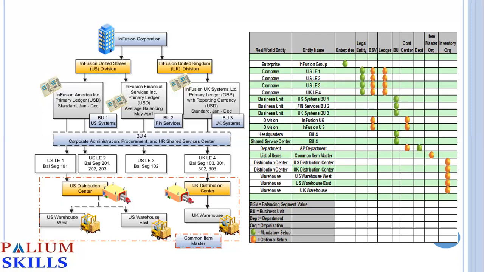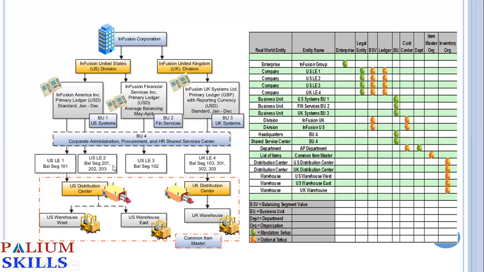Okay. And then you have different legal entities, which is like the US legal entity 1, legal entity 2, legal entity 3, and legal entity 4. They are also defined on the balancing segment. Balancing segment meaning they are part of the key flex field. So there would be one company segment, which denotes 101.